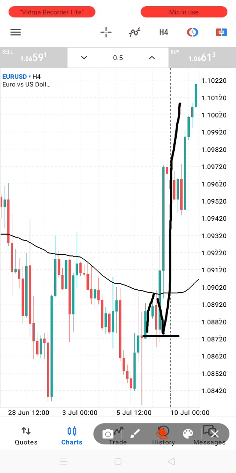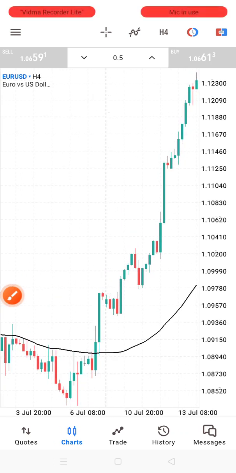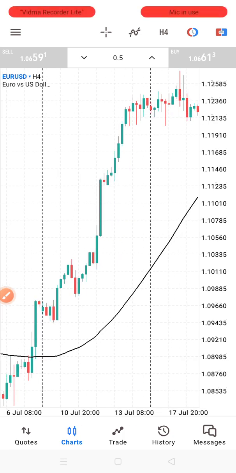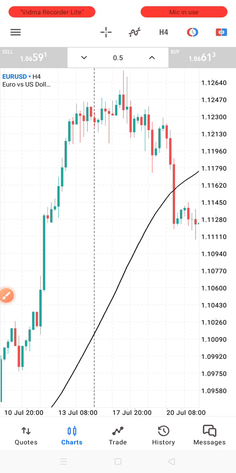But let's keep finding some other examples. Okay, so we've got a strong uptrend here. Here we don't have anything. Okay, we've got a continuation setup here that we want to look into.